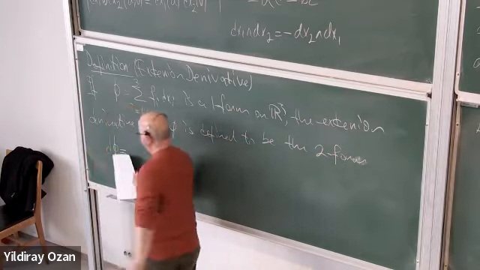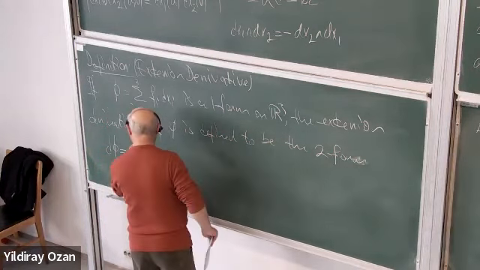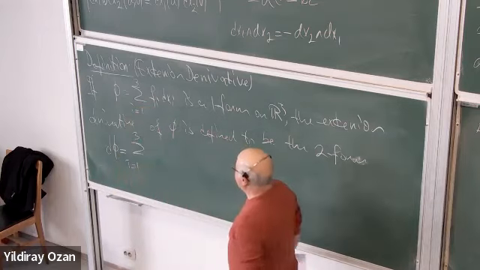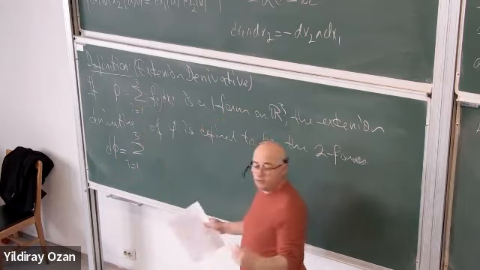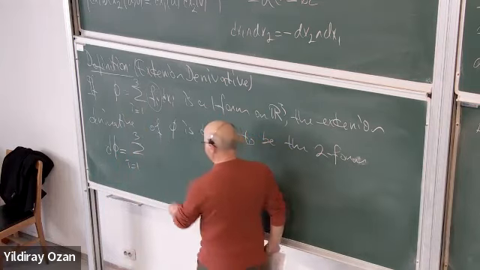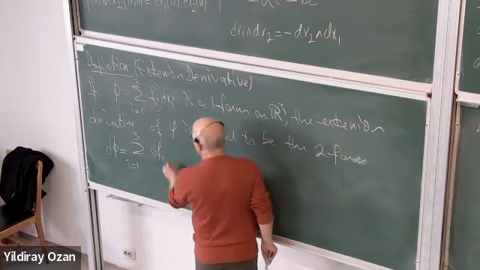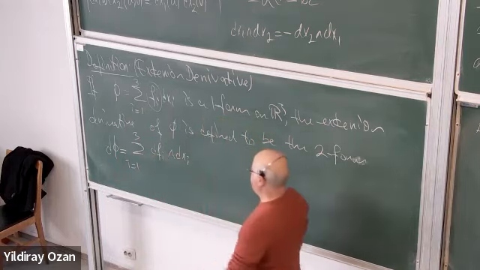So derivative of phi is defined this way, and it is nothing but the following. You take, so this is the function. You take the derivative of this differential. Its differential is a one form. So df_i, I have this one form, and then I take wedge product with dx_i. Okay.